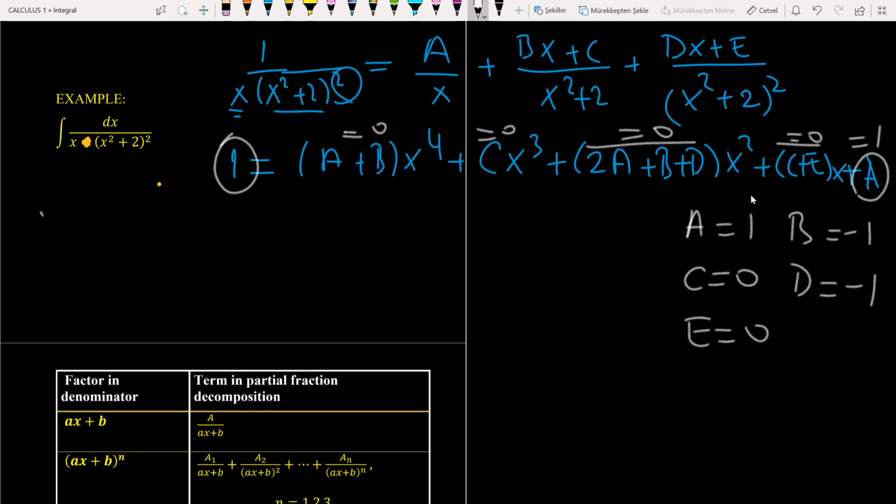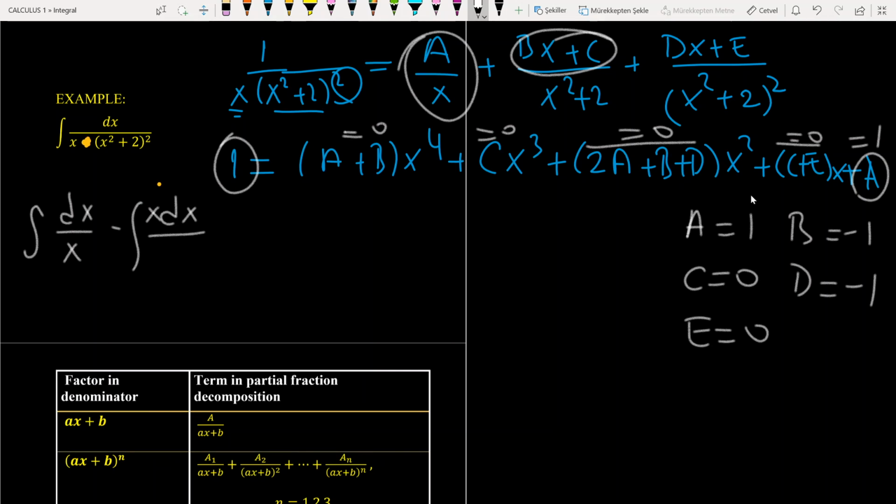Let's rewrite the integral. Since we have a over x, a is 1, dx over x is the first term of the integral. We have bx plus c, b is minus 1, c is 0, so we have minus x dx divided by x squared plus 2.